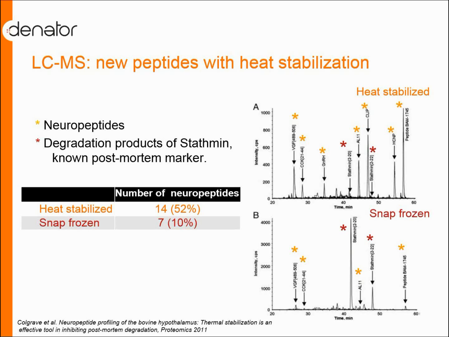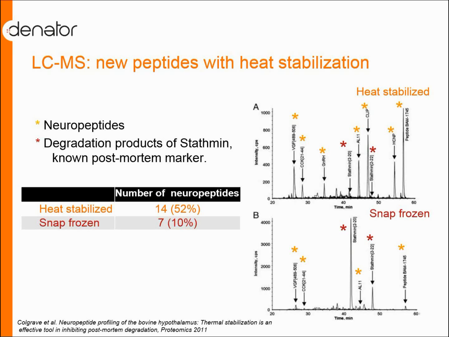However, the spectra is totally dominated by 2 peaks which are identified as Stathmin fragments, the ones marked in red asterisks. Stathmin has previously been shown to be pretty much exclusively formed in a time-dependent manner post-sampling, specifically in brain sample.